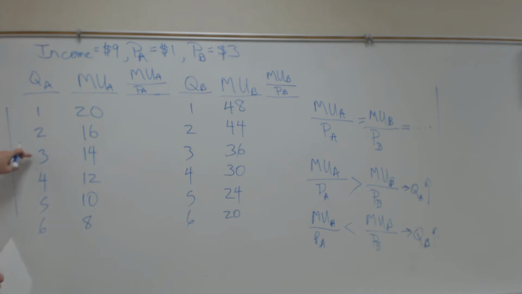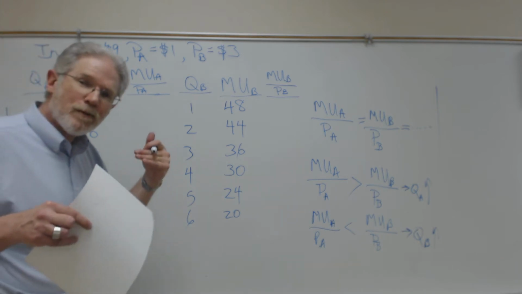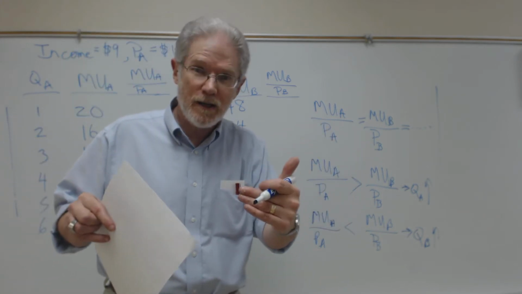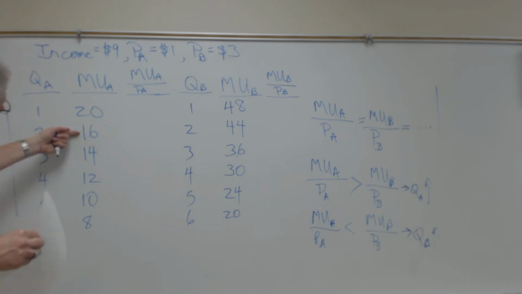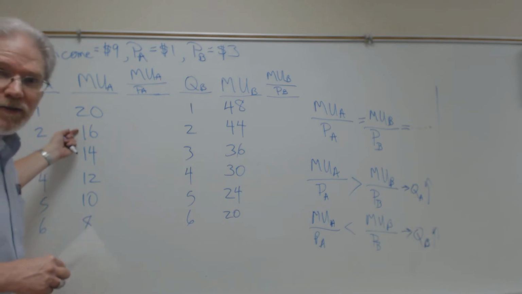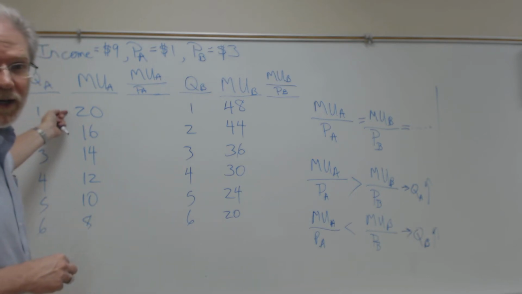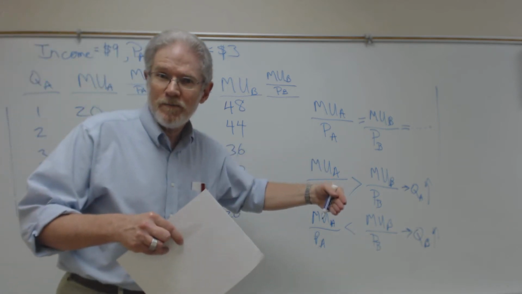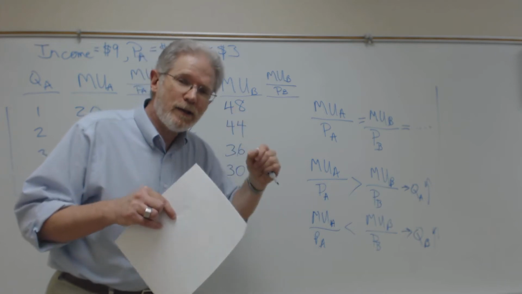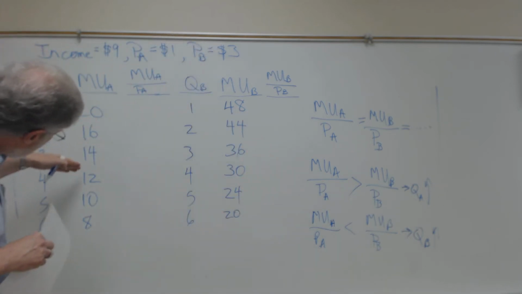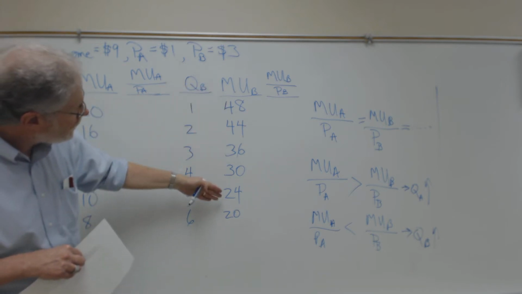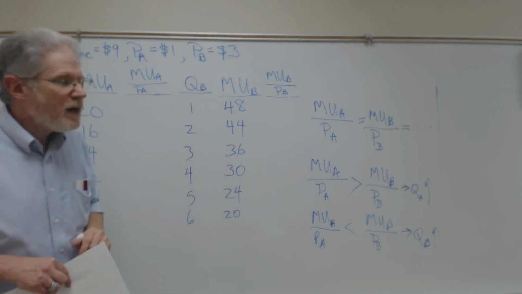As he buys more of this product, each extra apple doesn't provide as much satisfaction as the previous one did. The second apple adds 16 units to the satisfaction. The first one added 20. The third only adds 14. He values the extra ones, but he doesn't get as much extra satisfaction from the additional one as he got from the previous one. Same thing is true over here, but this is for bananas.